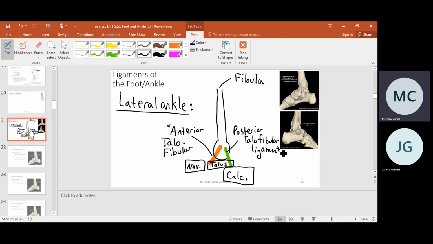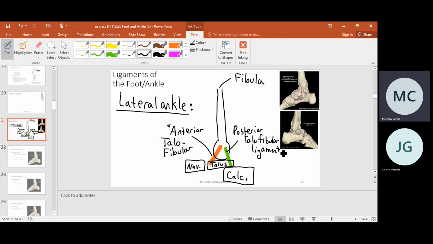Inversion, dorsiflexion. It's also going to do anterior translation, you're right. But in terms of just cardinal motions, inversion and dorsiflexion. Okay, so much different scenario here, right? So I see plenty of posterior talofibular ligament injuries, but typically they have a little different mechanism of injury. I will tell you clinically, more often than not, patients just go ahead and tear them both, just to be nice. Makes job a little easier.